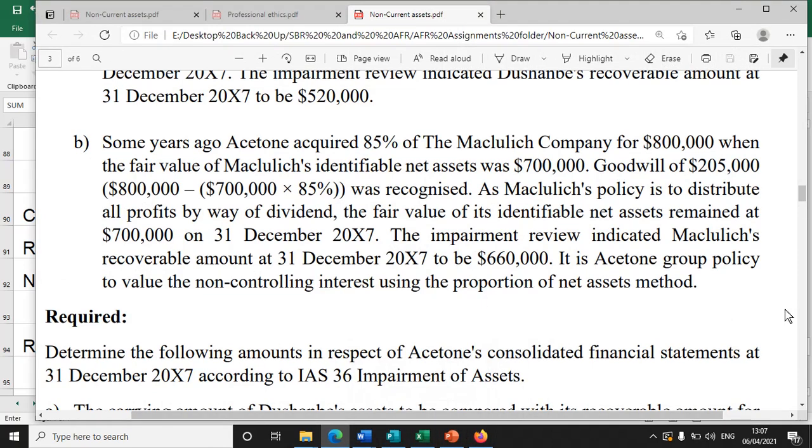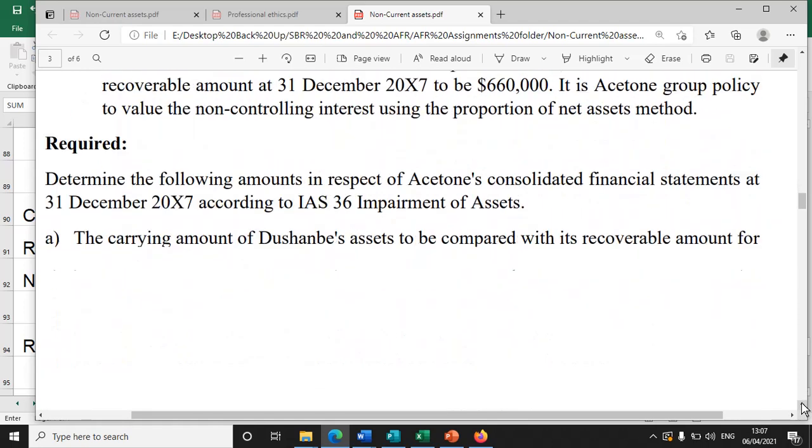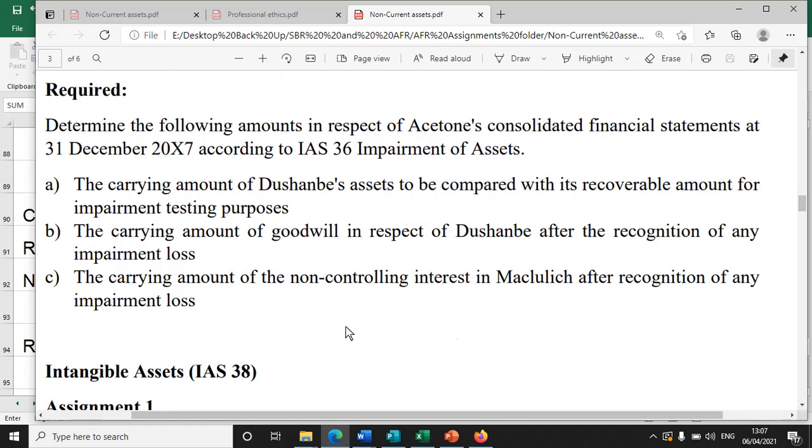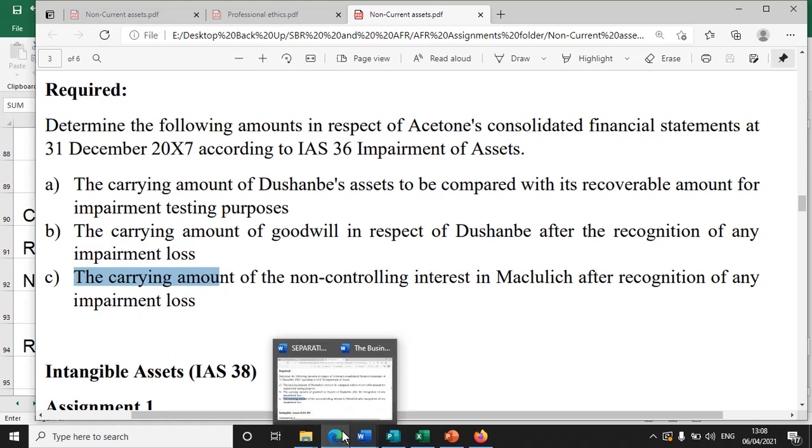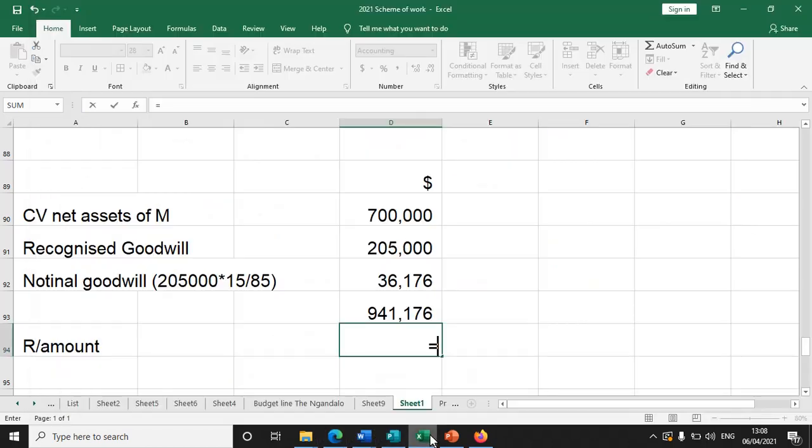Again, in this question, you're supposed to find the way we allocate goodwill, and the carrying amount of the non-controlling interest in McClellich. This is what we're supposed to find. So we started by dealing with the evaluation of the subsidiary.